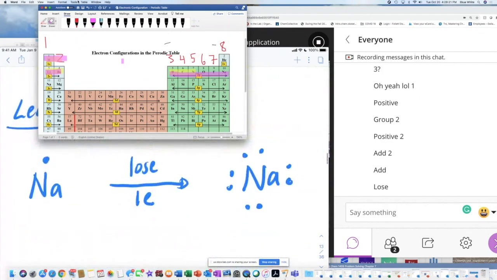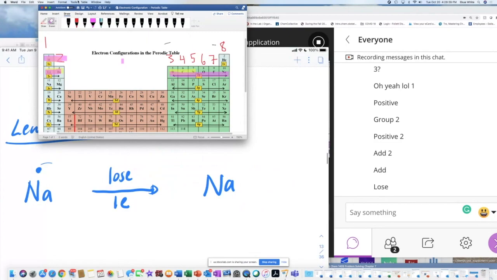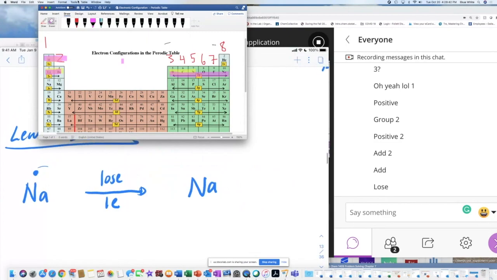Because remember, the outermost electron is 1, but there's also inner electrons. So in reality, the outermost was like this on the outermost energy level. When that got lost, it revealed the energy level below. But since your book doesn't go into that much detail, let me go ahead and erase that and just say, once the 1 electron is lost, sodium becomes positive.